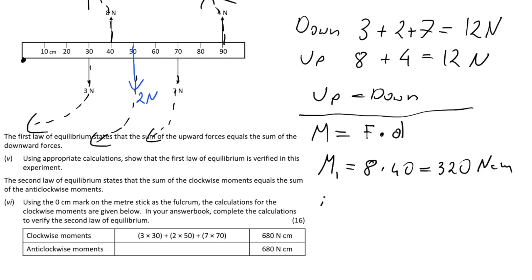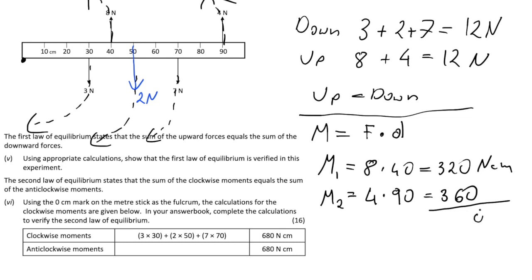Moment 2 is equal to 4 newtons acting at 90 centimeters. So 4 times 90, which is equal to 360. So the law of equilibrium states that the sums of the moments are equal. So let's find the sum of the moments acting counterclockwise.